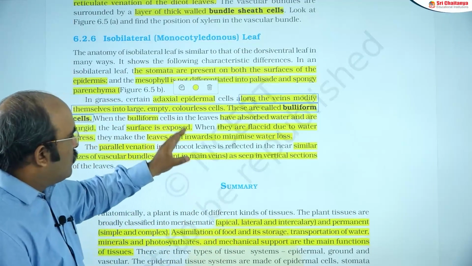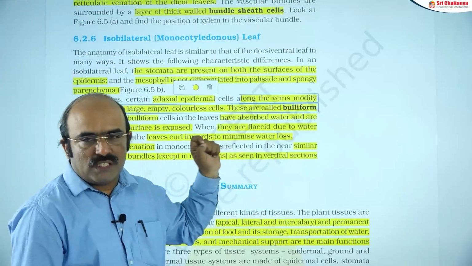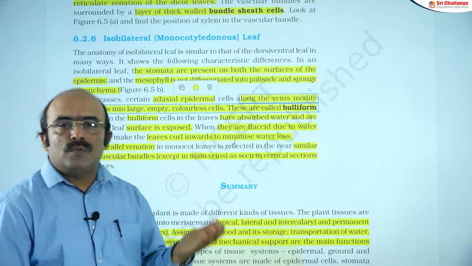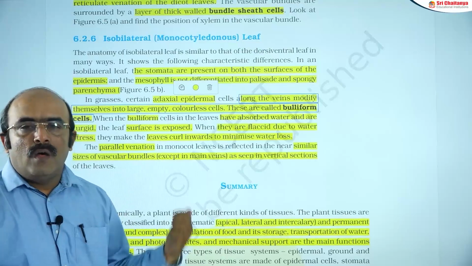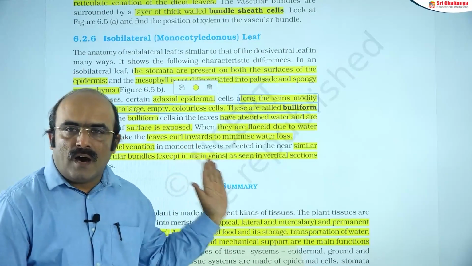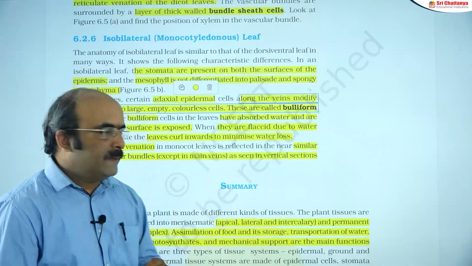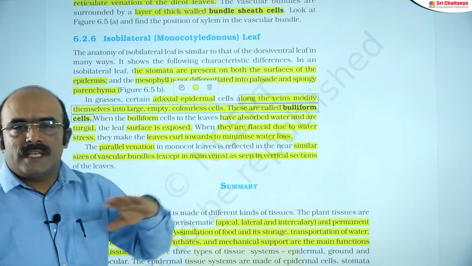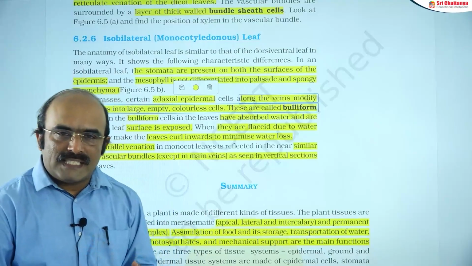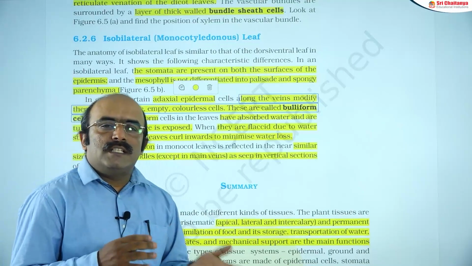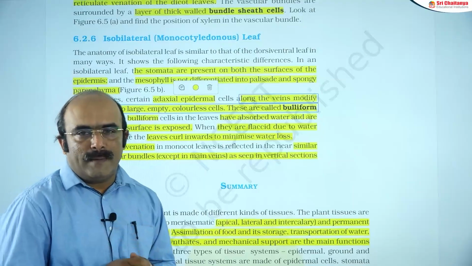So these bulliform cells minimize the water loss due to the enrolling of the leaf lamina when the bulliform cells are flaccid. If they are turgid, then the leaf lamina will be open. So these bulliform cells are present in the upper epidermis. They can be turgid or flaccid. So with respect to their turgidity and flaccidity, they control the opening and closing of the leaf lamina.